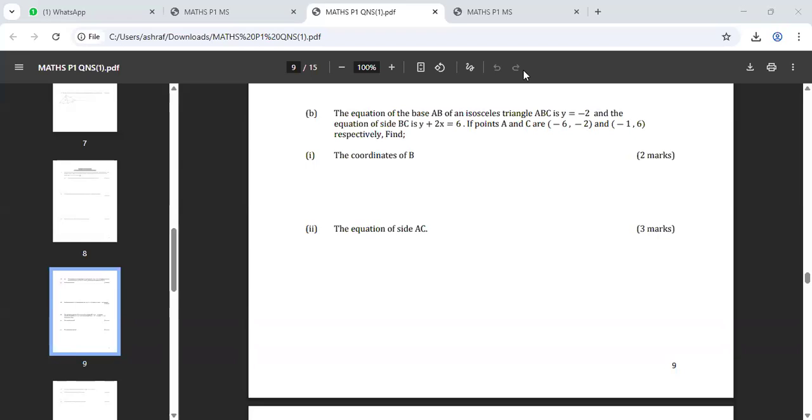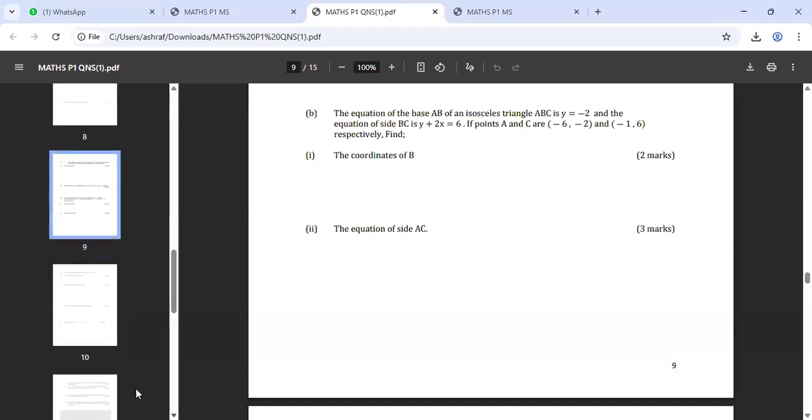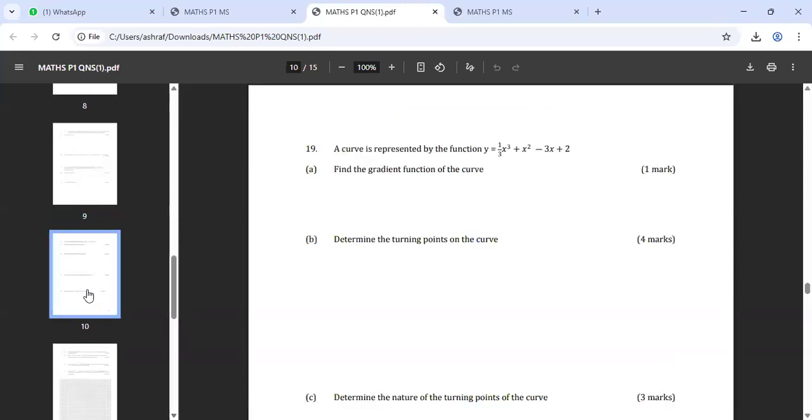So 6 minus -2, that will be +8. And then -1 minus -6, that will be -1 plus 6. So it will be 8 over 5. Any other question? No question. Okay, we can move to the next question.